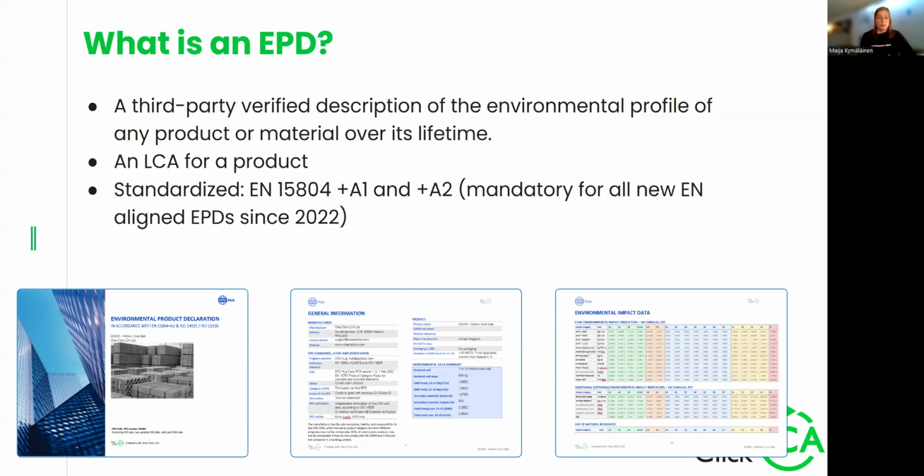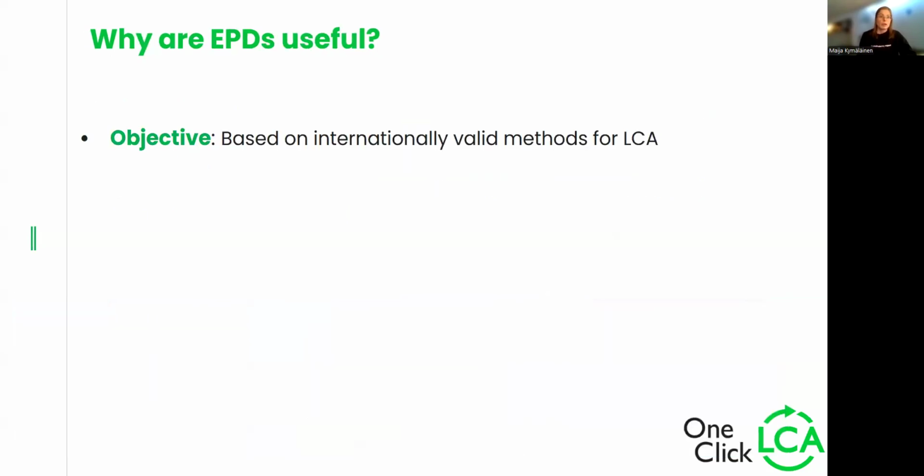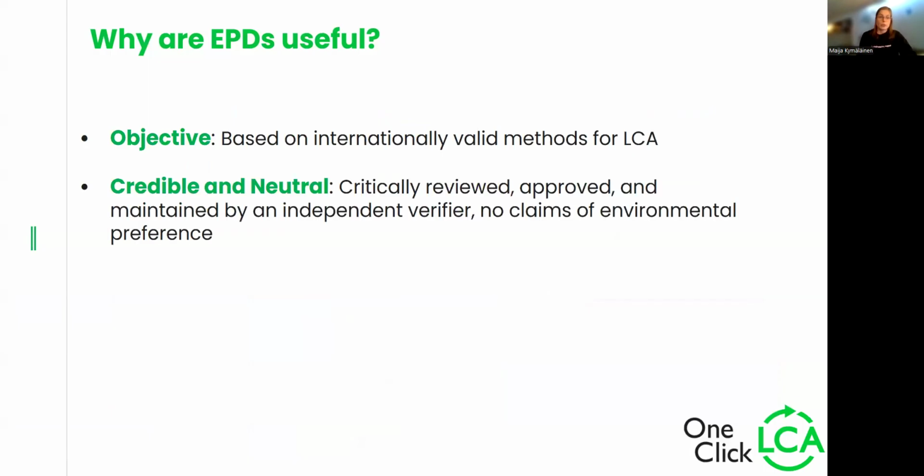EPDs are standardized, so they are type 3 environmental labels, and they are based on the international ISO and European EN standards as well. So they are considered very reliable information. And why are EPDs useful? Because they are objective.